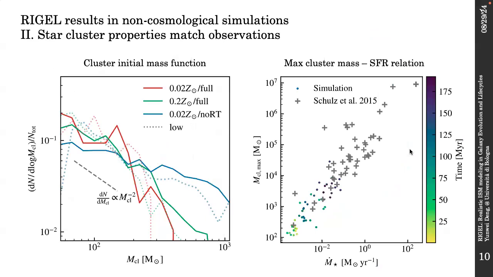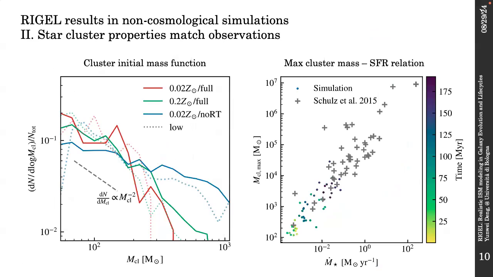Now I will talk about the star cluster properties in the RIGEL simulations, which is also an achievement of our RIGEL model. This figure shows the star cluster initial mass function in the isolated galaxy.